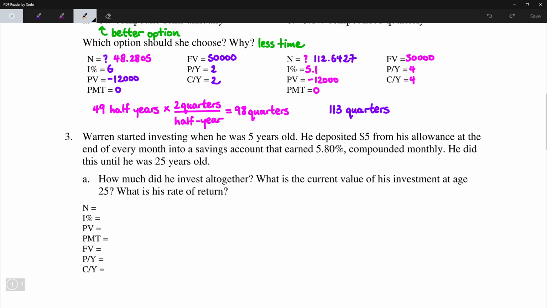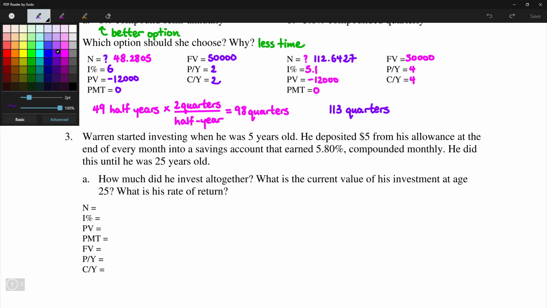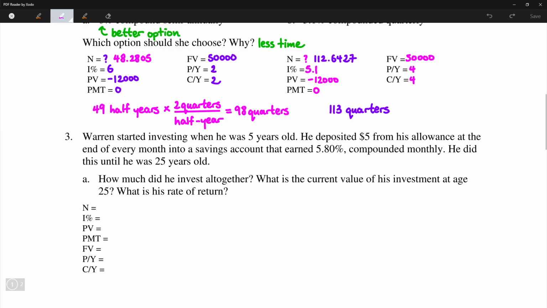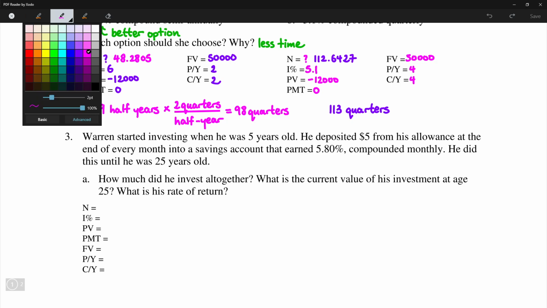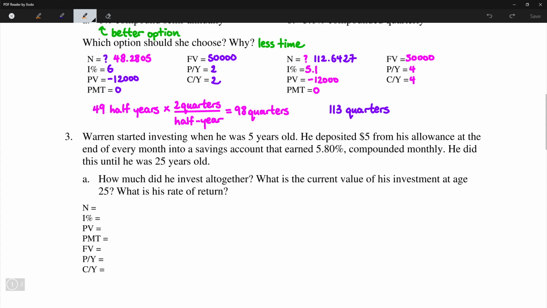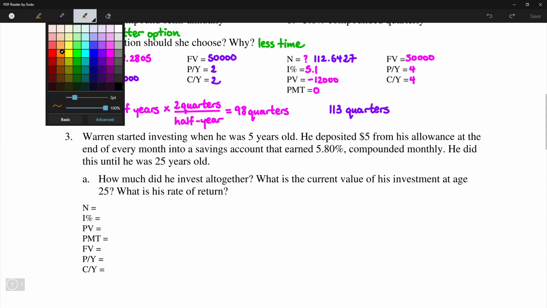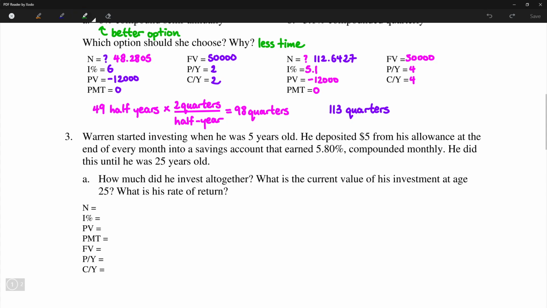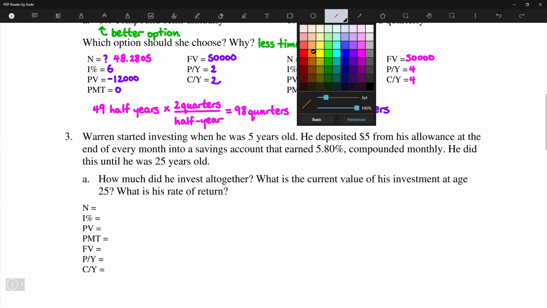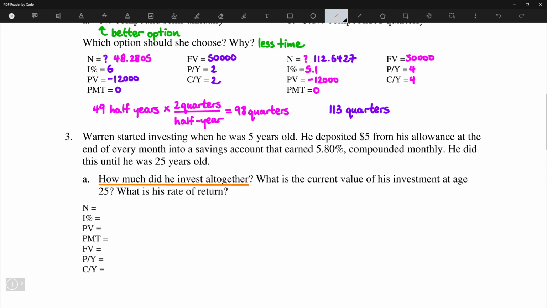The first part asks for how much did he invest altogether. The second part asks for the current value, and the last part of the question asks for the rate of return. So let's look at how much did he invest altogether.